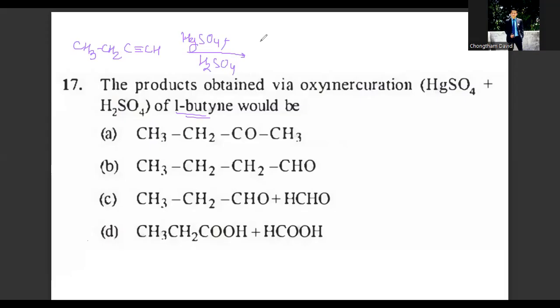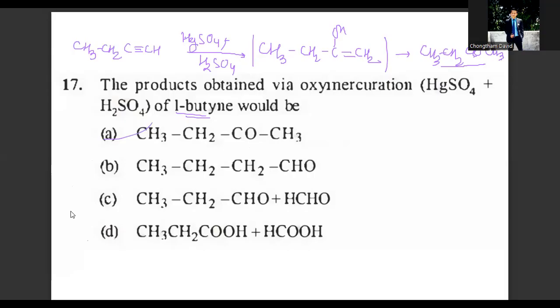So when these two are added, you will form an intermediate. This is your alkenol because it has a double bond, and there it will undergo tautomerization and it forms a ketone. So can you name this ketone? This ketone is called butanone. Okay, A will be the answer for 17.